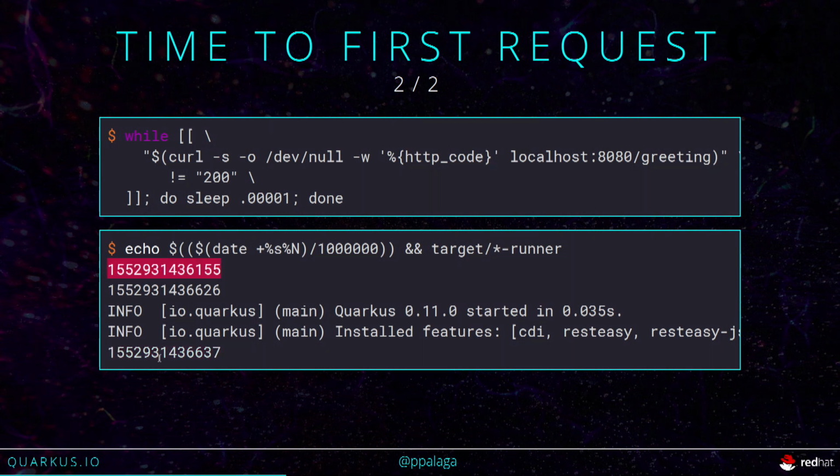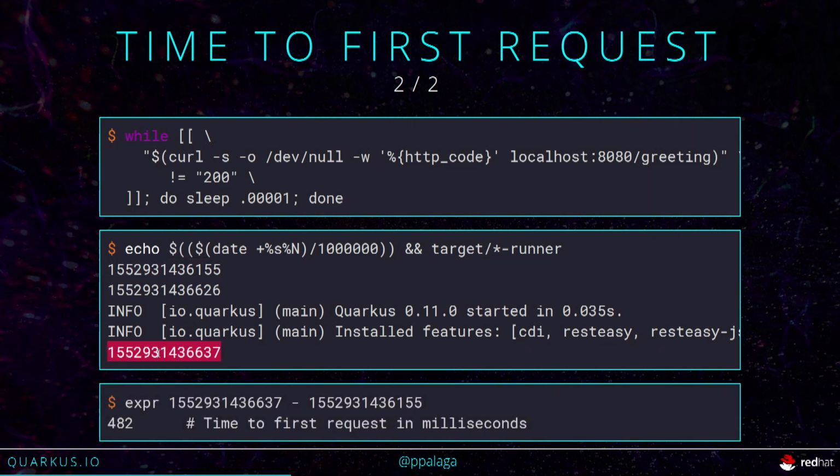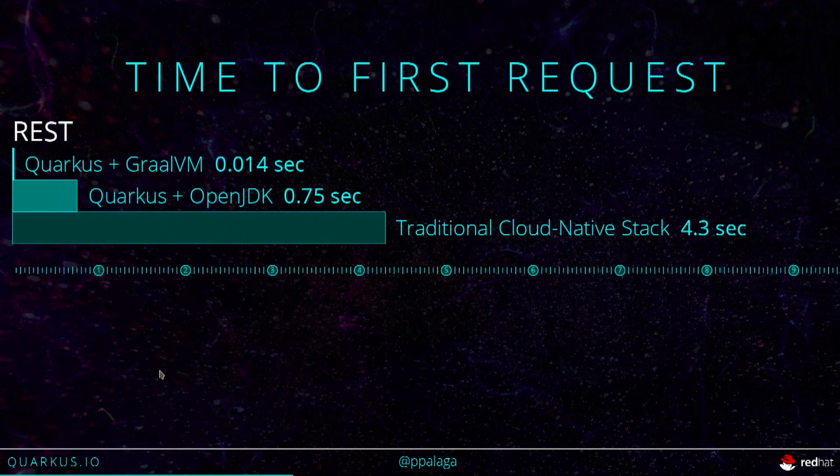And the simple subtraction of these two gives you the number you are interested in, which is the number of milliseconds to the first request. Okay? The time needed to handle the first request and send a response is not there. It's just the beginning. Okay? But it includes all classes needed to handle that request, which means they need to be initialized.